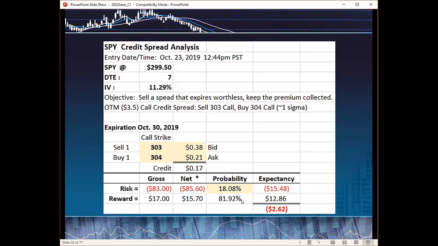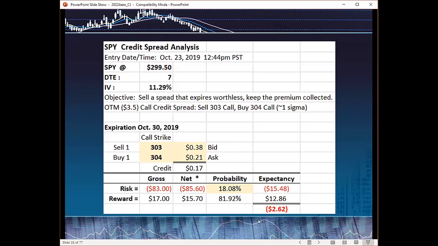The probability is actually pretty close to equal to the delta. You could, in Thinkorswim, add a column to your options chain that's the probability of expiring in the money. That number is usually less than 1% of a difference from the delta. So the delta is close enough. You could use either one.